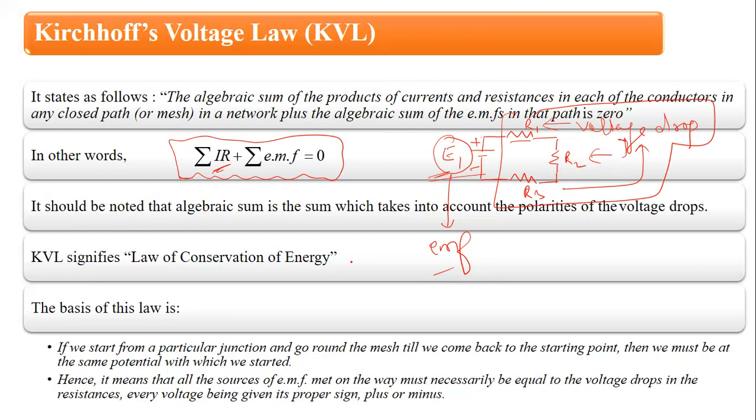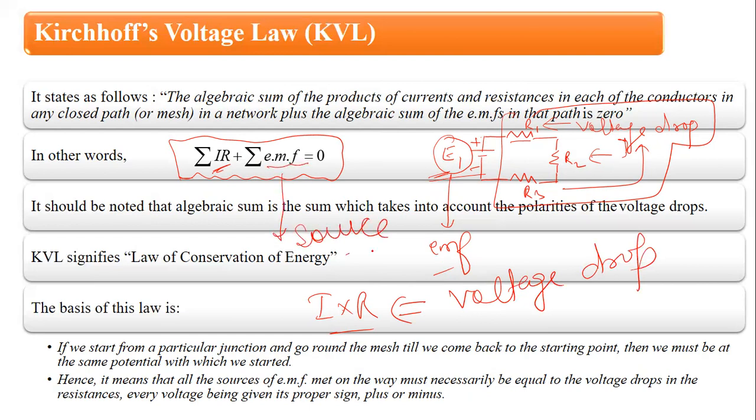Summation of all IR: what is I into R? It is generally taken as the voltage drop, and this is the EMF, this is from the source, right? So the algebraic sum of all these voltages.